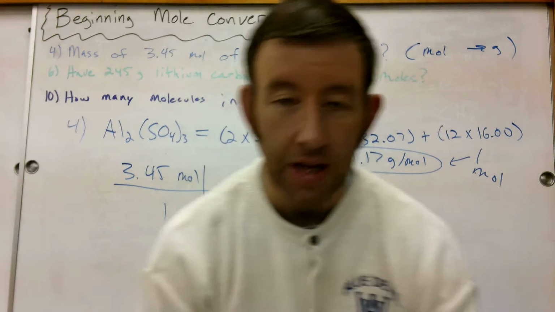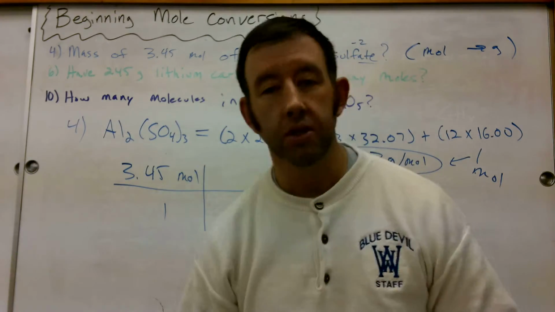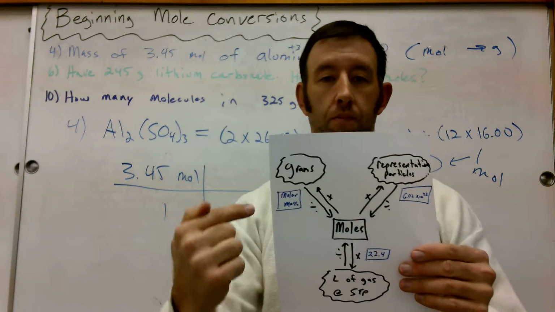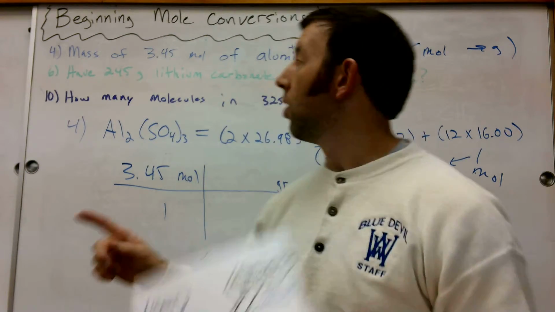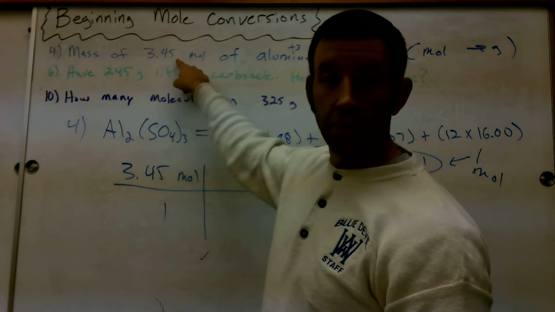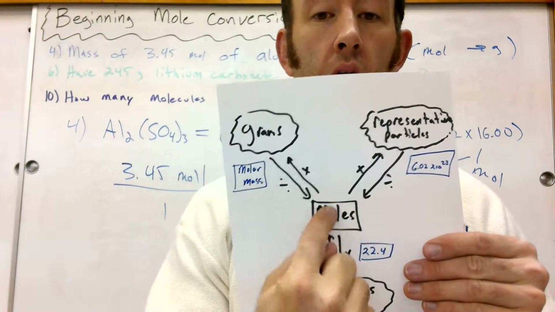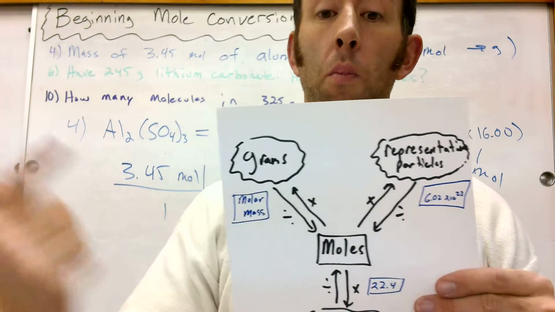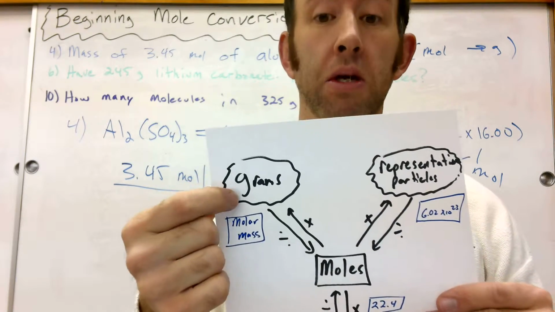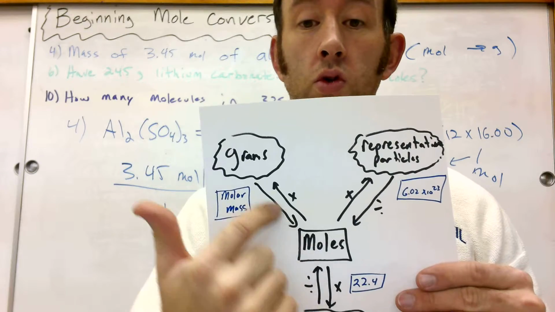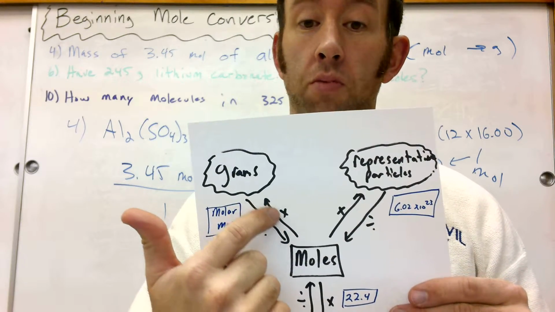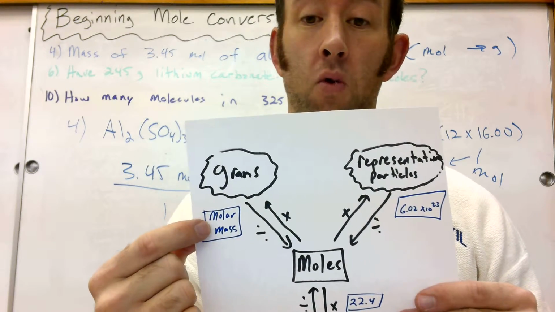Lots of you have already figured out the need to multiply, but let's verify that with our little flow chart. My given quantity, 3.45 moles, means I'm starting right here in the center of my flow chart. In this case, I want to know mass. Grams is a measure of mass. I'm going to go from moles to grams, which means I'm multiplying by the molar mass.